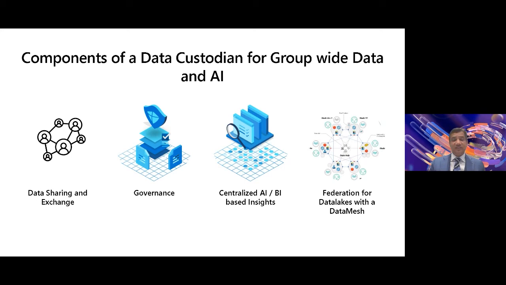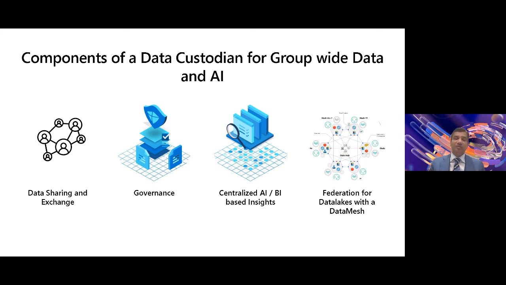The third one is around how do you use that information to get BI, AI insights in a centralized manner so that the burden of building these models can be diffused and much more rapidly developed. And the last one is what I spoke about earlier, which is around the notion of federation of the data lakes themselves across the different business units with a data mesh architecture. So if you have these 4 components in place, the journey to building that data custodian becomes much, much simpler.